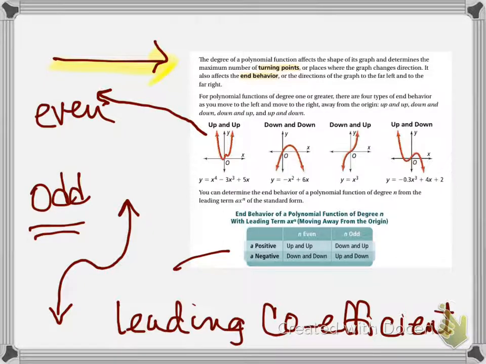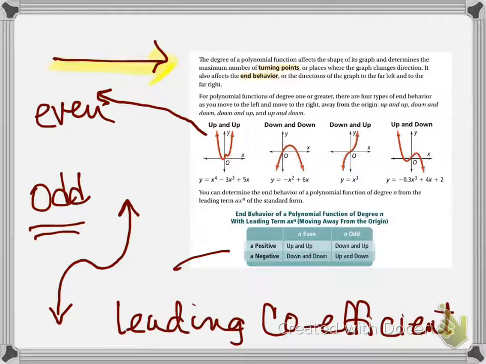No matter how many turns it has, it will still go down and down. On an odd number polynomial, if it is positive, it will fall to the left and rise to the right, or it will go down to the left and up to the right. On a negative odd number exponent or odd polynomial, it will rise to the left and fall to the right.